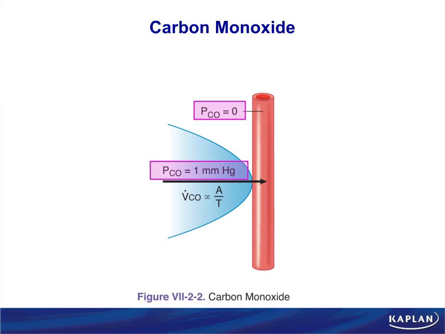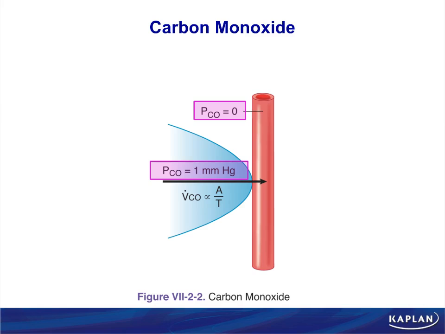Now, the reason we use carbon monoxide is because of this property. It is diffusion limited. In order to determine the uptake here, and I won't go into all the mathematics or the technical aspects, we must be able to measure this venous level right at the end of the capillary, the partial pressure of the gas.